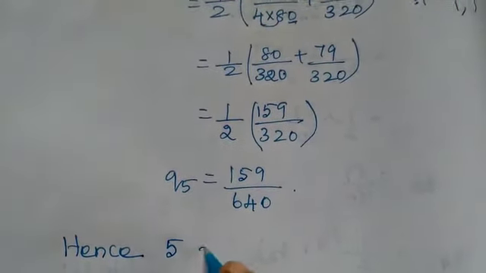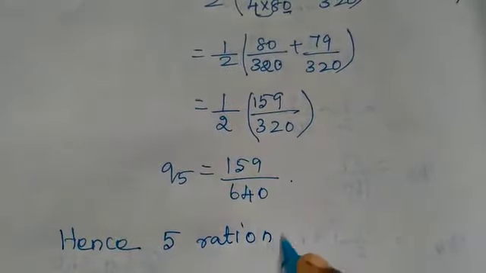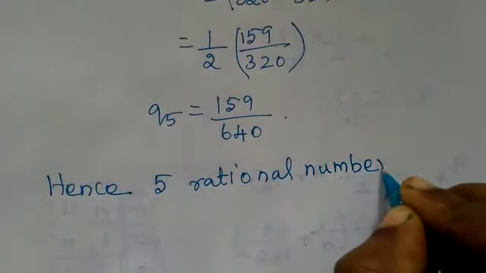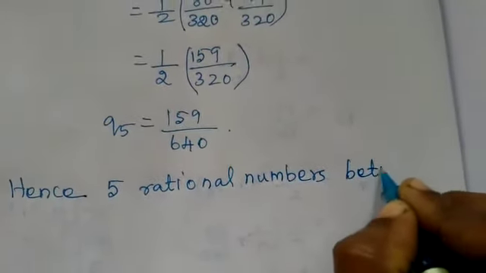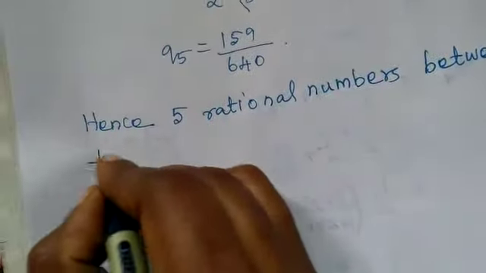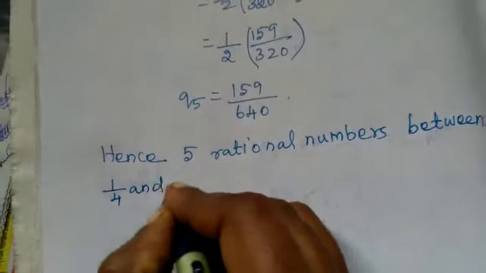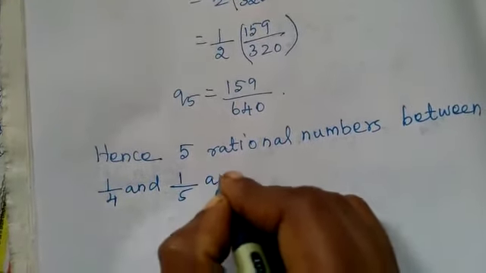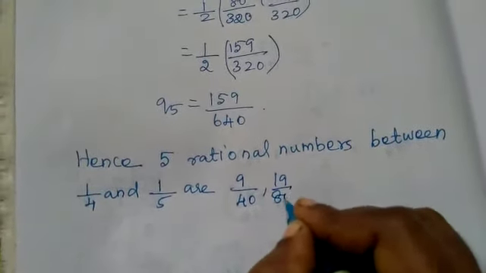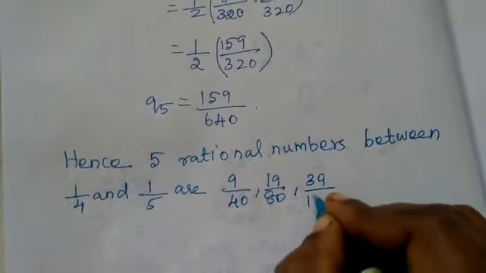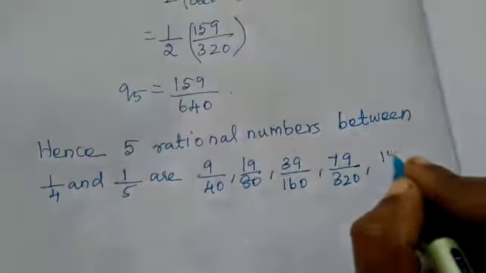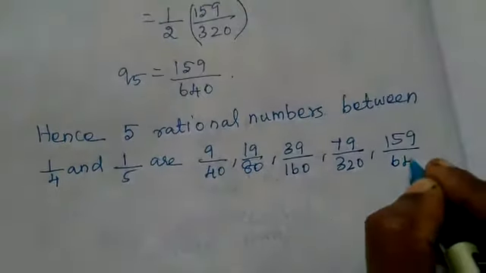Hence the 5 rational numbers between 1 by 4 and 1 by 5 are 9 by 40, 19 by 80, 39 by 160, 79 by 320, 159 by 640. That's the answer.